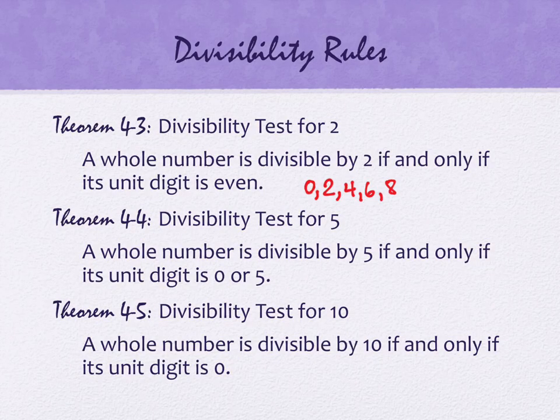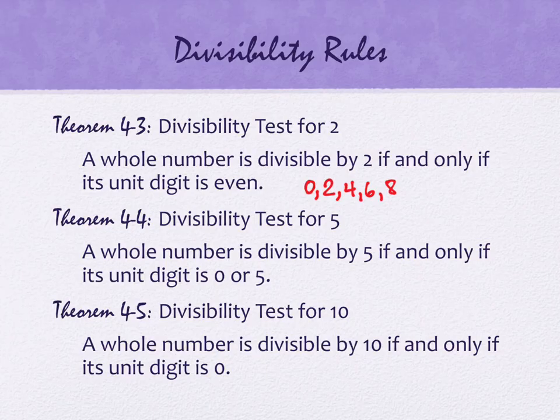5s. Well, the property for 5 is almost identical, at least in its sort of processing, to the property for 2. I look at the units digit. And if the units digit is a 0 or a 5, it's going to be divisible by 5. Okay, so if it's any other number besides 0 or 5, it will not divide by 5. And then the third one in this category here is 10s.